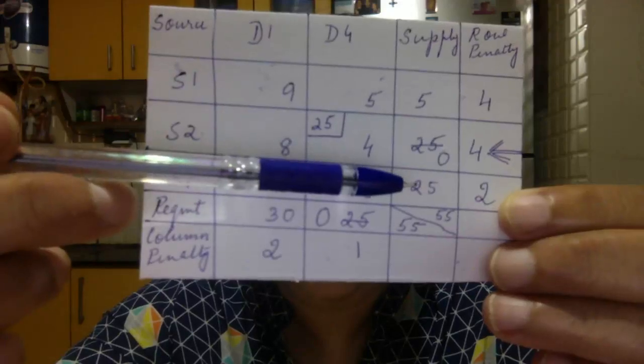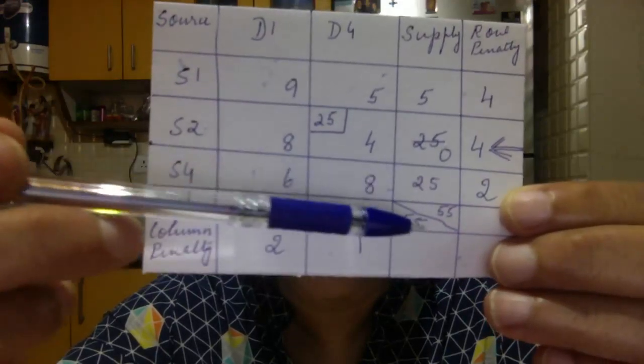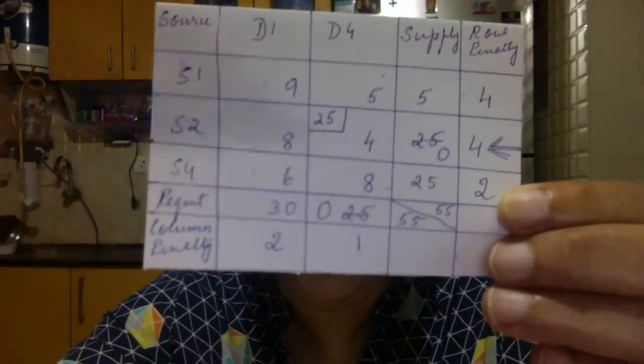Strike off 25, make it 0. And strike off 55 and make it 30. So first, I am allocating to S4 D1 25 units. I am striking off the supply of S4 and making it 0.